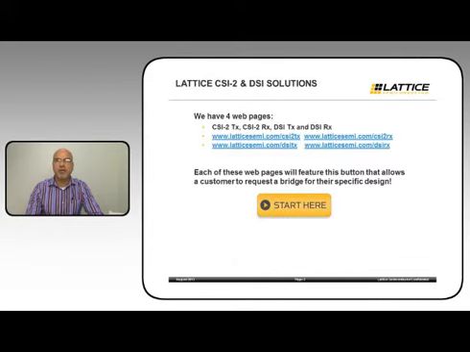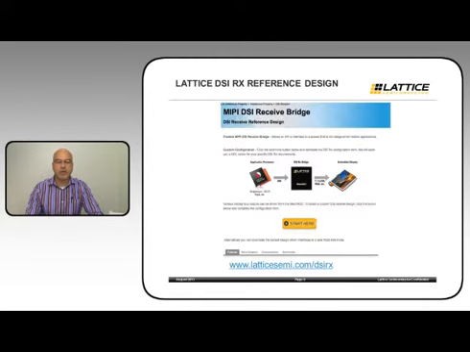We have four web pages for the CSI2 receive, CSI2 transmit, DSI receive, and DSI transmit. And each web page will have a Start Here button that allows the user to request exactly the specification that they want. On each web page, it'll have a typical block diagram.